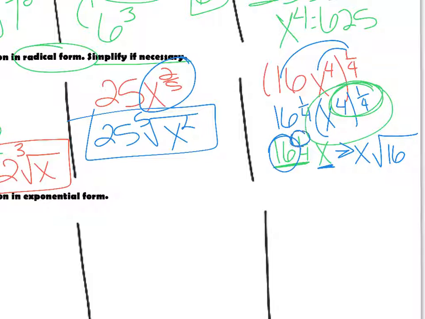The 1, that's your exponent, over index is your 4. And then to simplify the 4th root of 16, we're looking for what number multiplied by itself 4 times gives me 16. That's going to be 2. So that 2 is going to come outside with the x, and I actually have nothing left under the radical, so that's how we leave our answer.